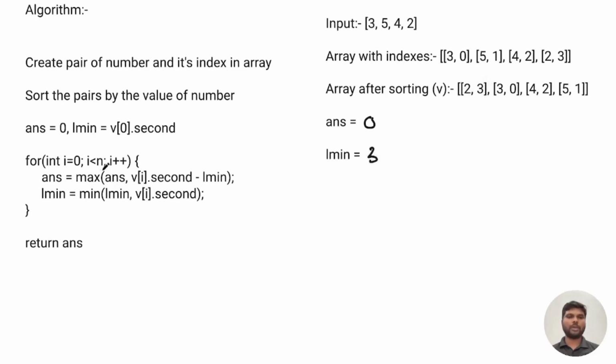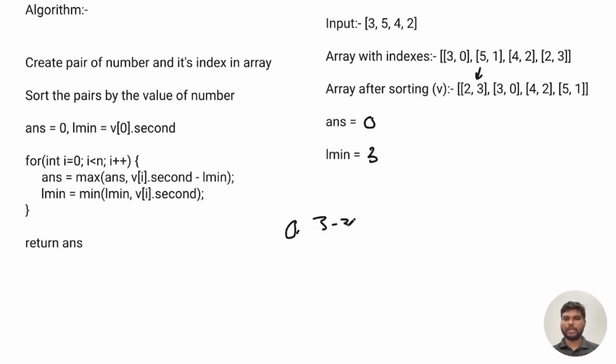After that we go into the for loop and assign answer is equal to max of answer comma vi dot second minus lmin. So answer is 0, and vi is initially i equals 0, so vi is this element. vi dot second is 3, minus lmin which is 3.